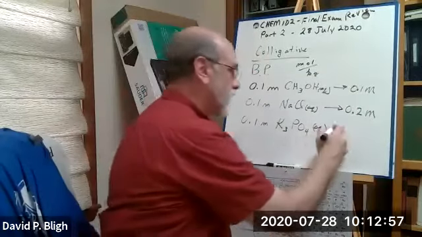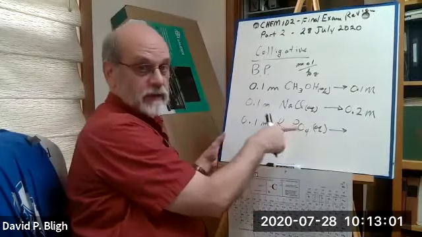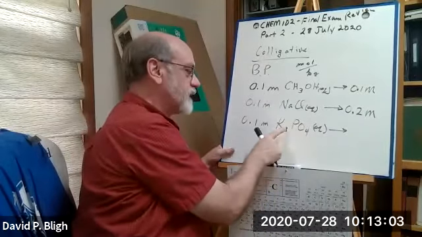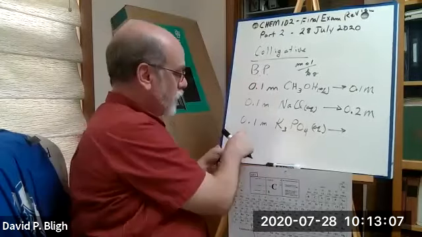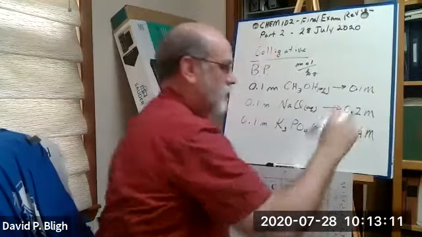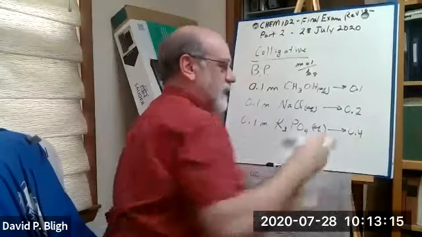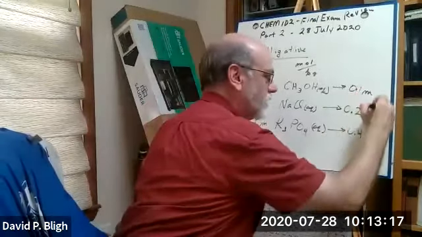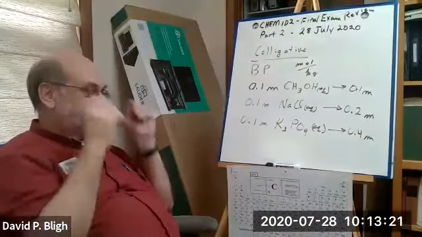Okay? And this one, we have 1 phosphate, and this is completely soluble. 1 phosphate, 3 potassiums means 4 for every 1. So this one is 0.4. Oops. That's wrong. There we go.